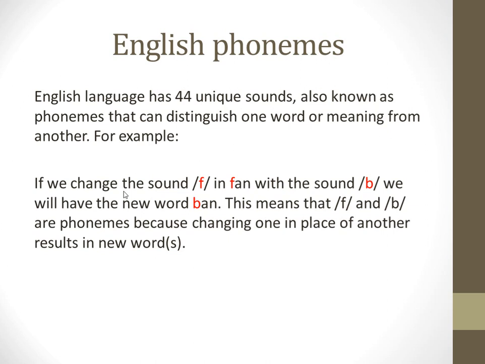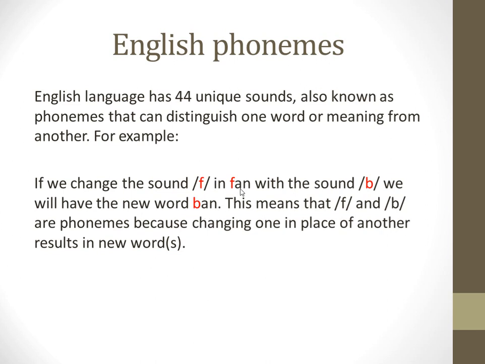Say for example we have the word fan, and this word starts with the sound "f". If we change the sound "f" with another sound, like for example "b", we are going to have a new word, which is ban.